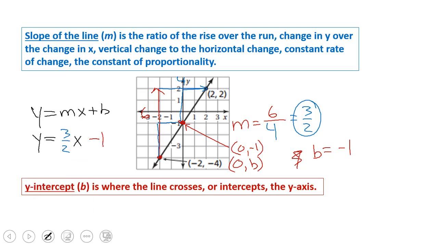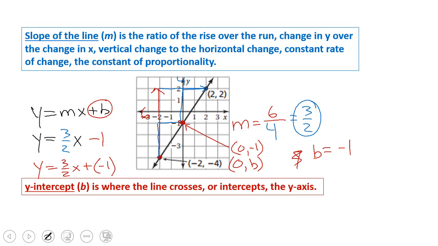Up here it says plus b, but remember our integer rules. We can rewrite this as y equals 3/2 x plus negative 1. But we don't really write things that way, so we can change it back to subtracting and know that the intercept is at -1.